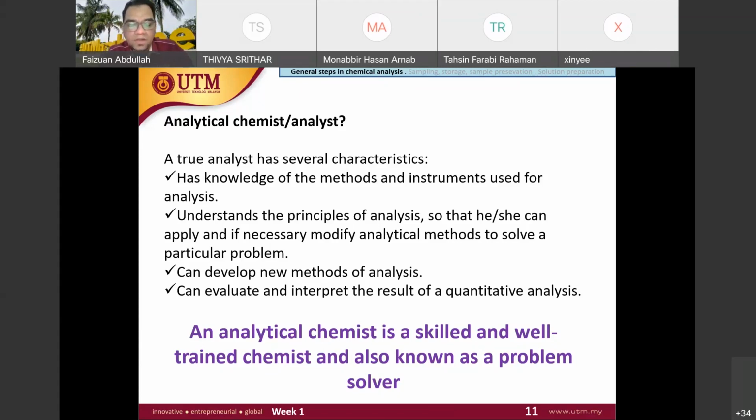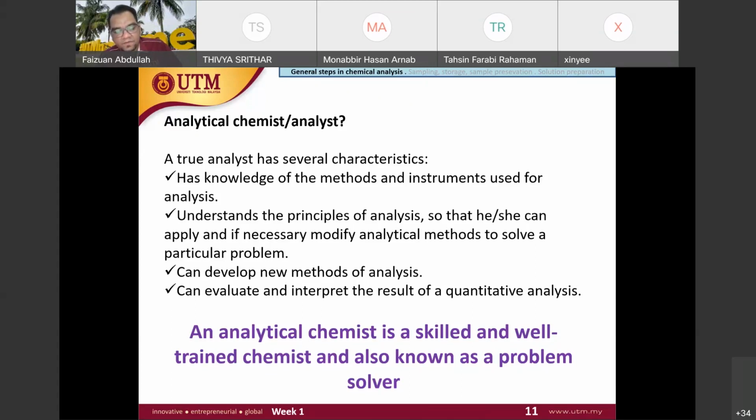For example, we have a crime case, an environmental criminal case, pollution, illegal dumping of chemicals, and so on. So the sample is brought to the lab and analyzed to know, for example, what type of pollutants are inside the sample.